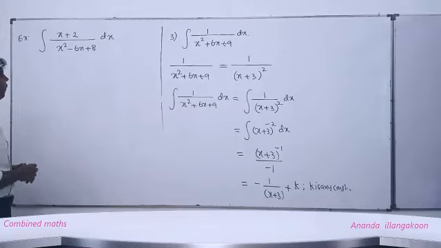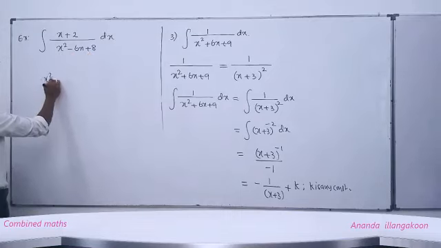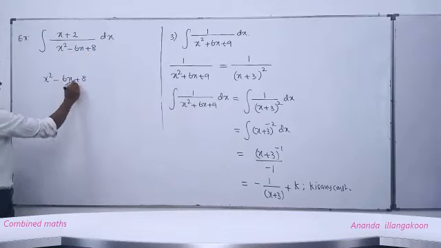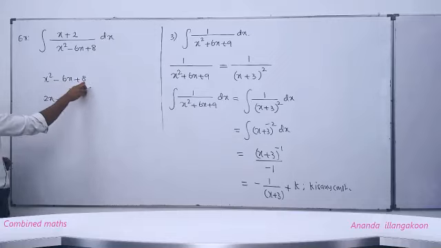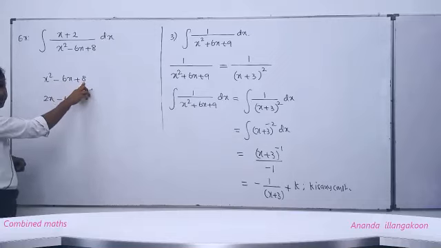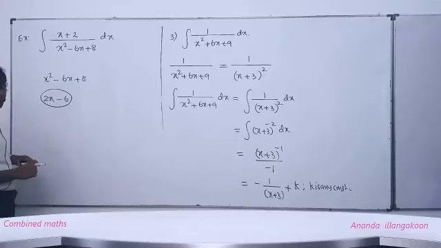What is the derivative of this denominator, x squared minus 6x plus 8? Differentiate x squared, 2x. Differentiate minus 6x, minus 6. Differentiate 8, a constant alone, therefore the derivative is 0. Then this is what we get as the derivative of this denominator.